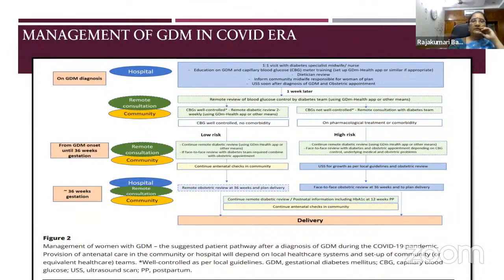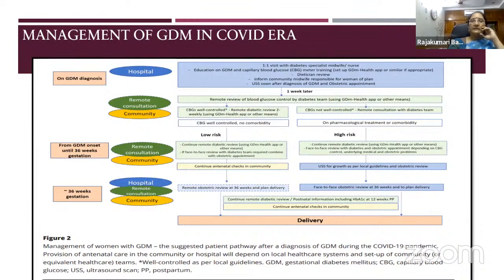One week later, remote review of blood glucose control by the diabetes team. If it is normal, well controlled, no comorbidity, it is low risk. We can continue remote diabetic review and continue antenatal checks in the community. Remote obstetric review at 36 weeks and planned delivery.